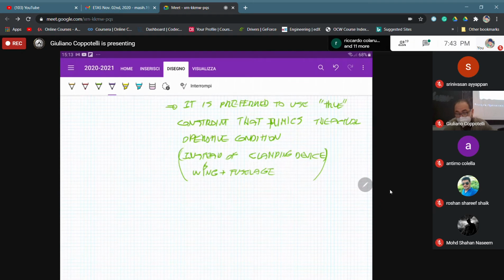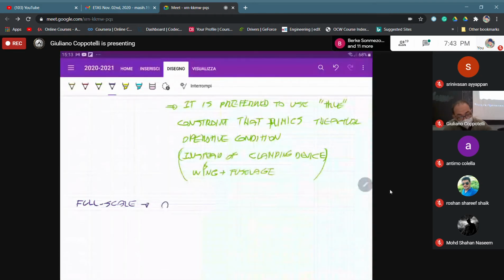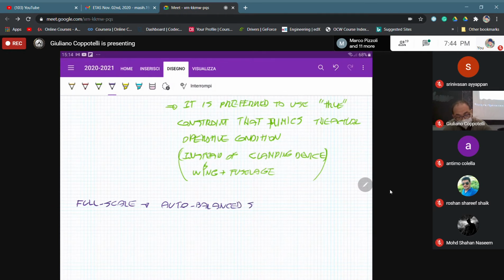is the auto balance system that is generally used for full scale aircraft testing. So for full scale testing, what we are having is the auto balance system. Okay, that is a system for which there are no external constraints.